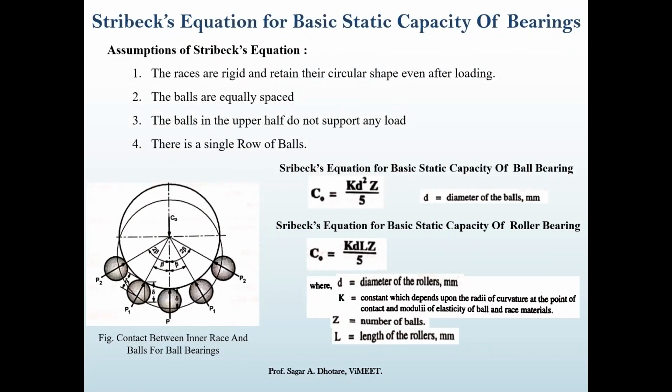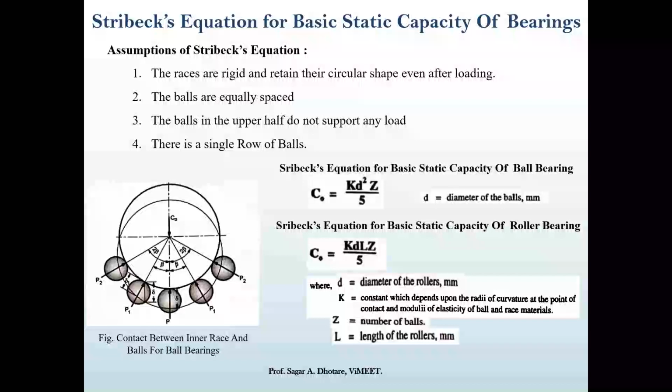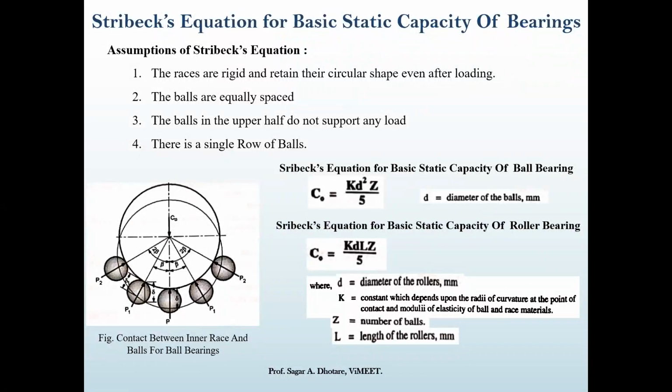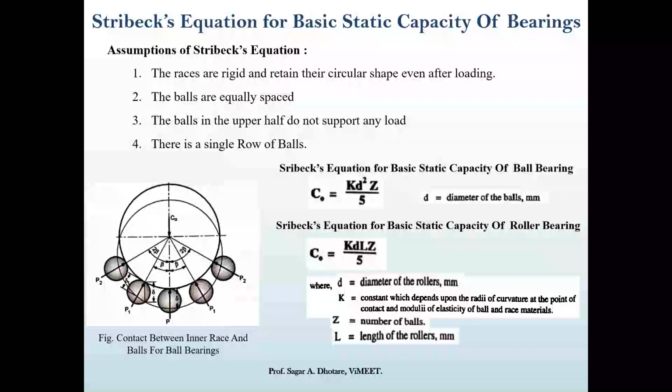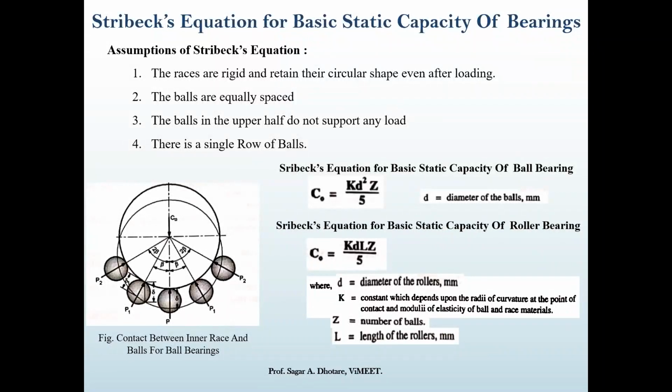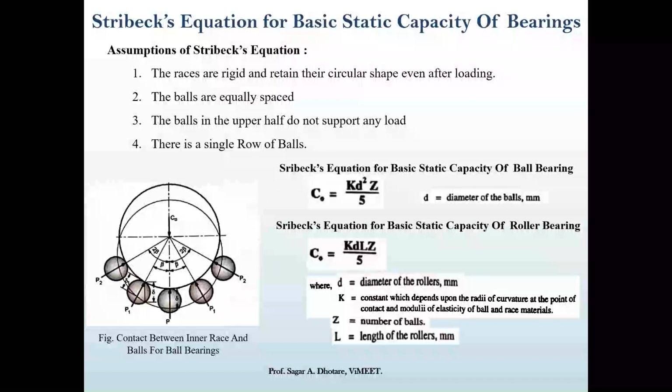Based on this equation you can find out the value, but if you are referring to the design data book, the equation is different, and you can find it based on the value of the radial force, equivalent dynamic force. Okay, when we discuss the problem, we will briefly discuss that.